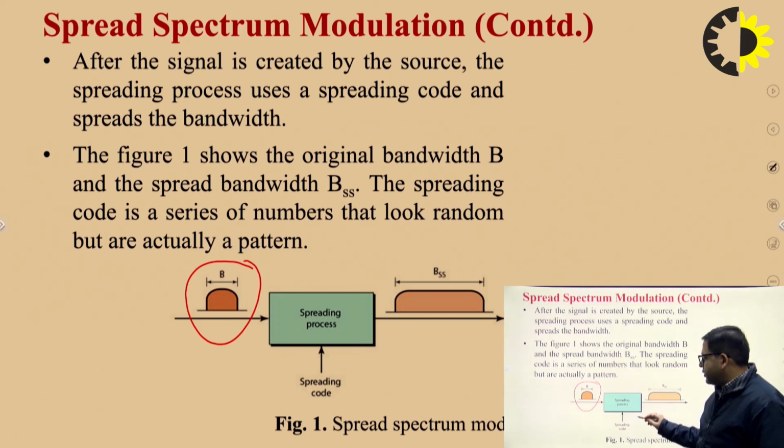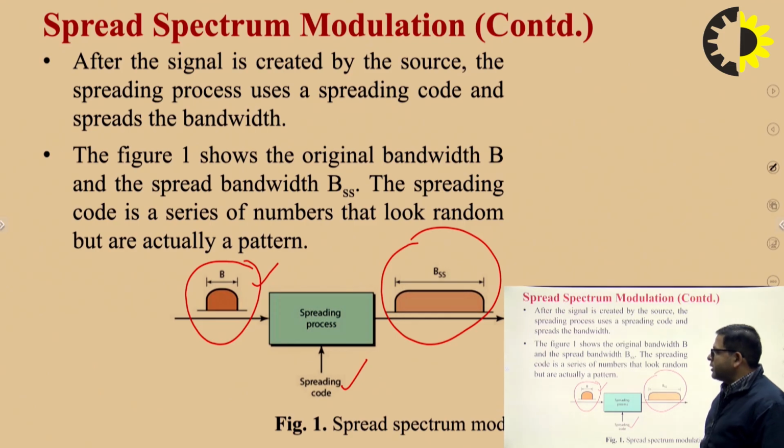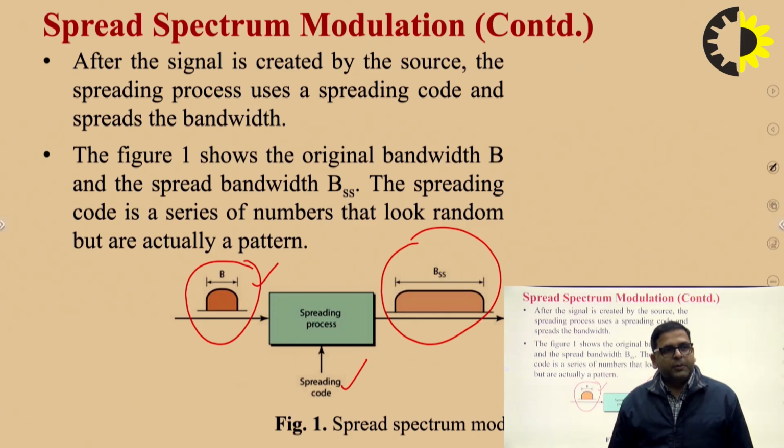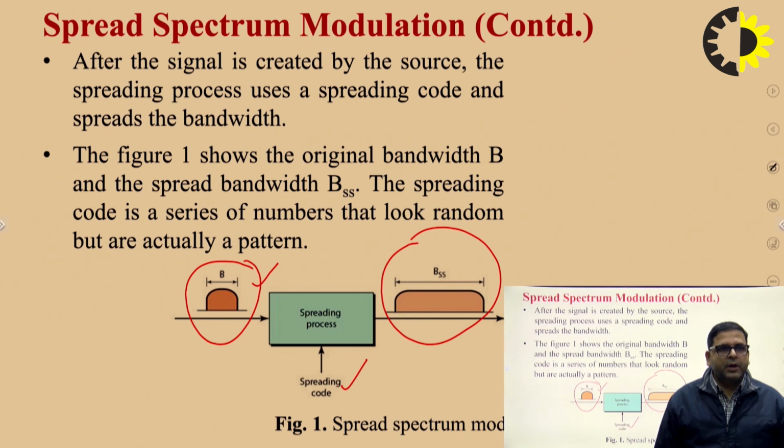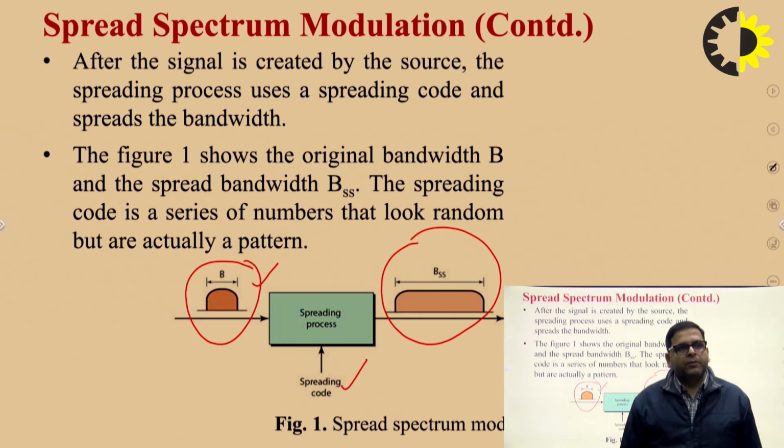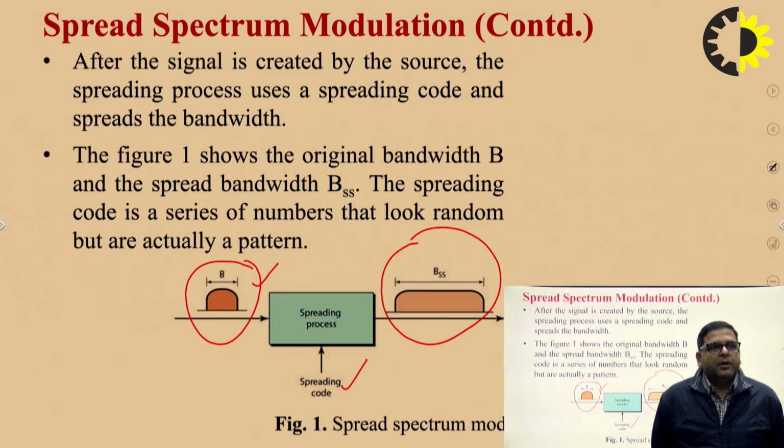In the spreading process, we use this desired signal in association with the spreading code, and the result is the spread signal which we transmit in our applications. To spread the bandwidth of the original information, we use a spreading code, which basically looks like a random sequence, but is actually a pattern.